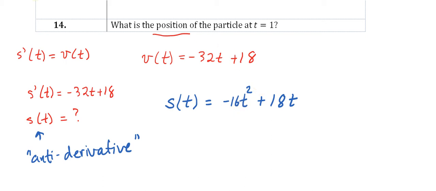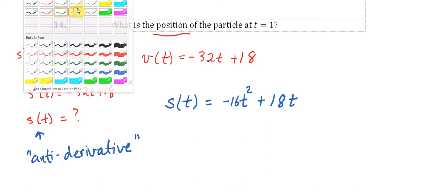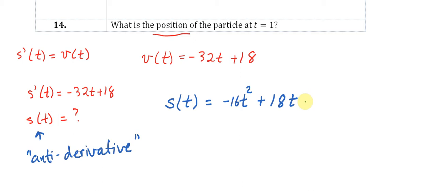Now we can actually take this one step more. There's another important part to this, and that's a constant. Because if you take the derivative of this, s of t, the constant's going to go away, but there could have been some sort of constant here. So we're going to write c right there, where c is some constant. And in order to really have a complete position function, we need to figure out what c is actually equal to.